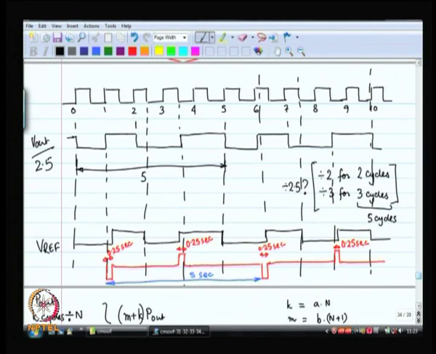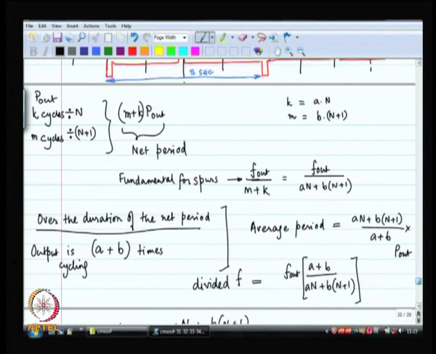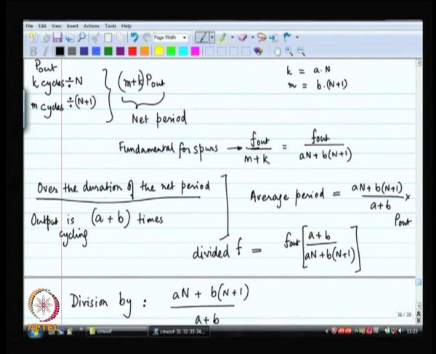Given this basic premise, we developed a way to divide by a fraction. I said let us divide by 2 for 2 cycles, let us divide by 3 for 3 cycles. You could generalize this and say let us divide by capital N for k cycles, and divide by capital N plus 1 for m cycles. But of course, k has to be a multiple of N and m has to be a multiple of N plus 1.